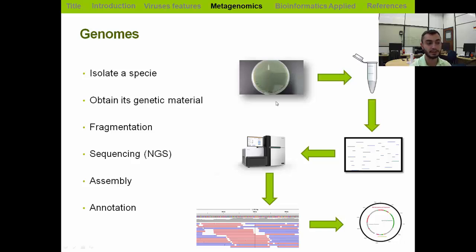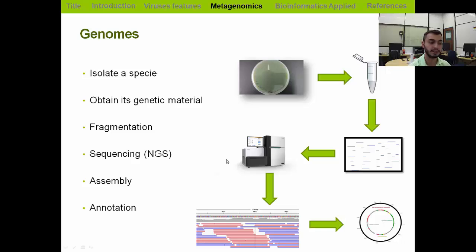This phage is isolated, and then you extract its genetic material, and then you use some reagents to build a library. This library has fragments of a size that we know, more or less, and this library is put in a next generation sequencer machine, like an Illumina MiSeq, for example.